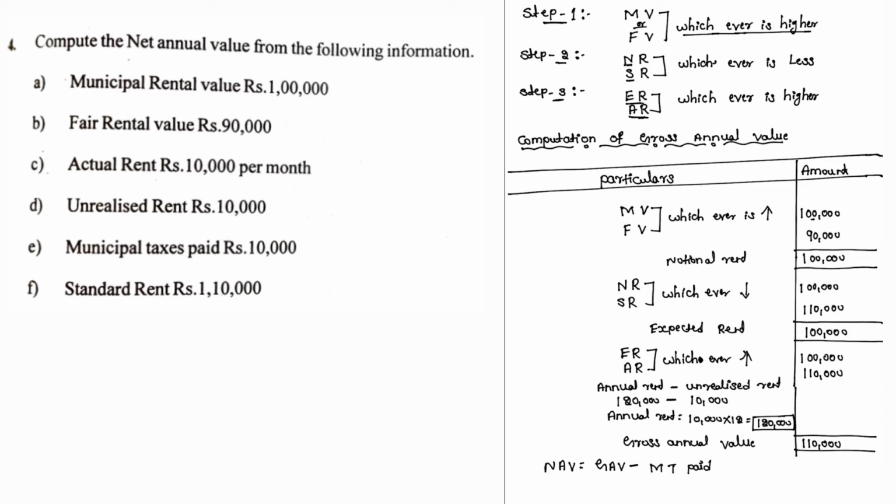So gross annual value we know already, 1,10,000 minus municipal tax paid. How much? 10,000 given in the problem. If you deduct, you will get 1 lakh, which will be your net annual value.